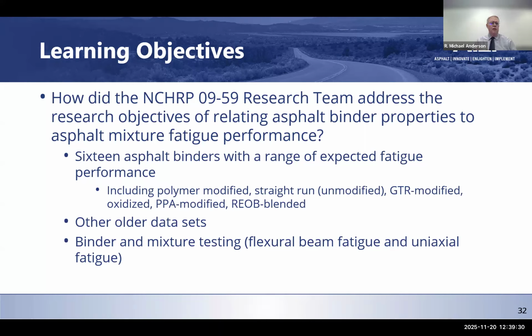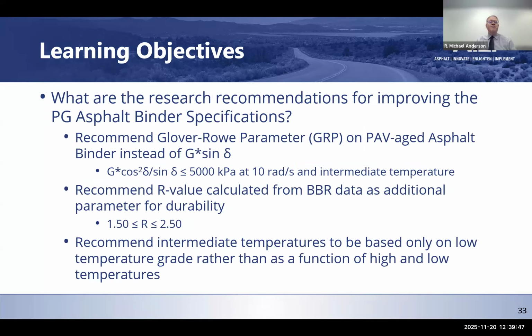All those were included with laboratory fatigue tests. They relied on other older data sets, and they conducted binder and mixture fatigue testing, both flexural beam fatigue and uniaxial fatigue.